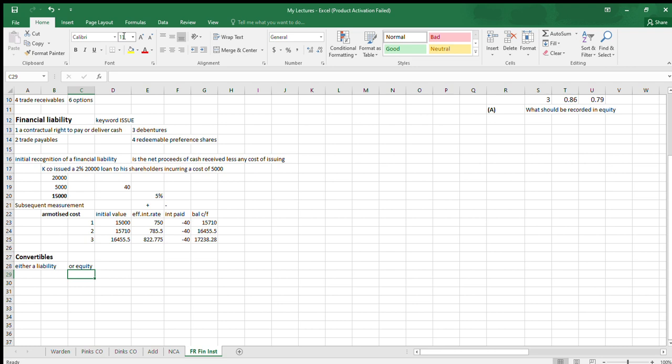Why am I saying this? Convertible, when you get into an agreement with the company that, okay, I will give you this amount of money in a form of loan, but this loan that I'm giving to you is convertible. Maybe I have given you a rate of 2%.